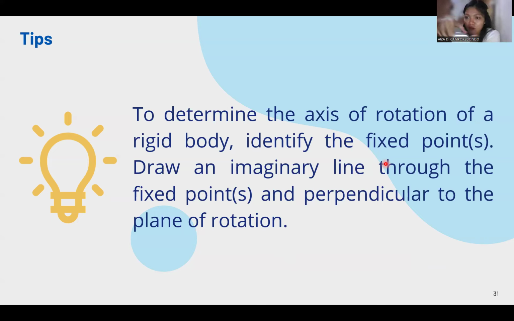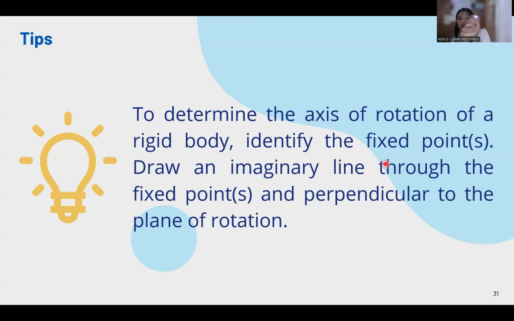For example, in the spin the bottle game right here, this is how the bottle is being turned. You will notice that the center of the bottle is actually not moving, it is on this fixed position. So that is why the axis of rotation is through the center of the bottle.